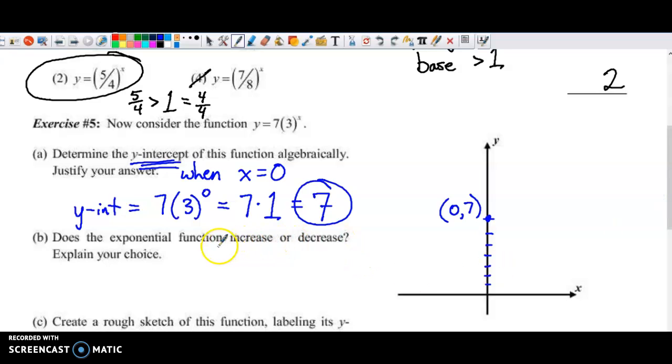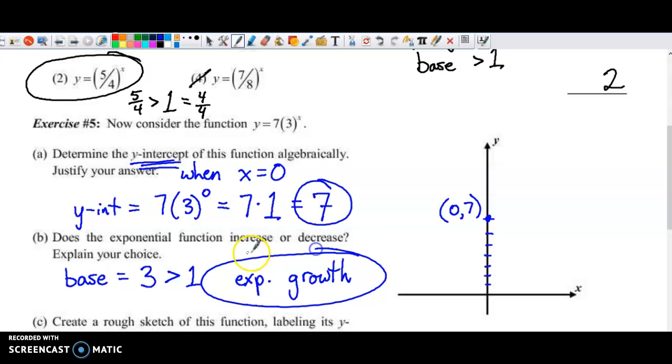The next one is really, is it exponential growth or decay? So if we're looking at this, remember all we need to look for is the base in the problem. Well, the base in this problem is 3. That's the number that's taken to the power. And since it's greater than 1, I like to use the phrase exponential growth, which means that it's increasing. So be familiar with both those words, whether I use it or the person here uses it.